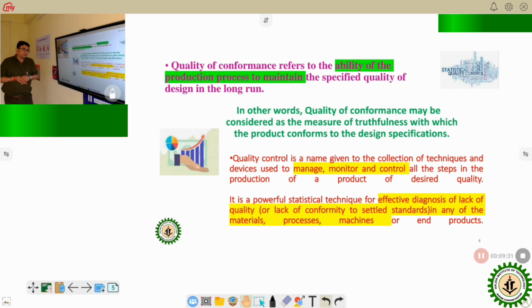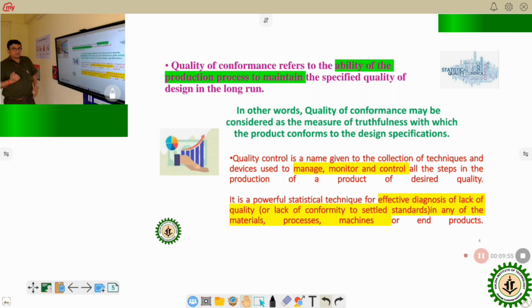When we go into any kind of industry, they have certain standards. They follow international standards for production of their product, and for marketability of the product they also use standards. So all these things come under the quality of conformance.